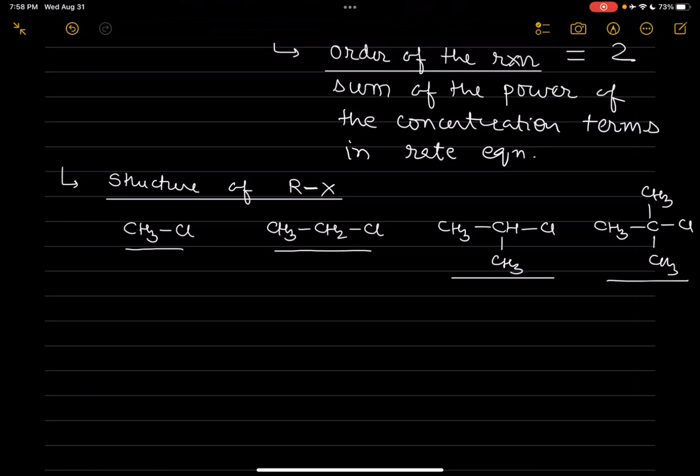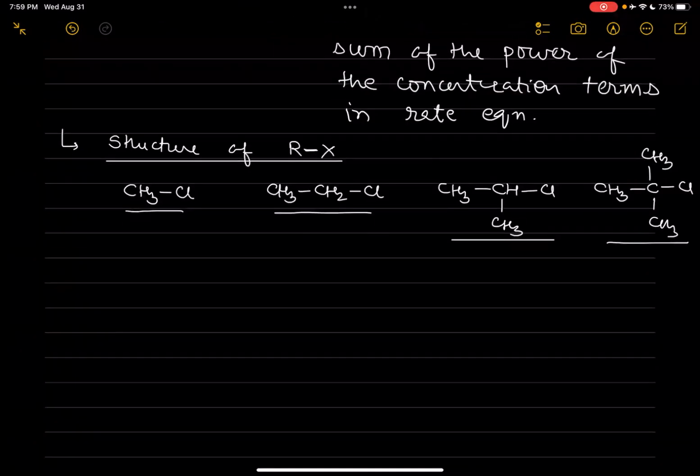Assuming I have taken equal number of moles and concentration of everything, temperature also is same. Yeah, Anushka, Arpit, Imad?